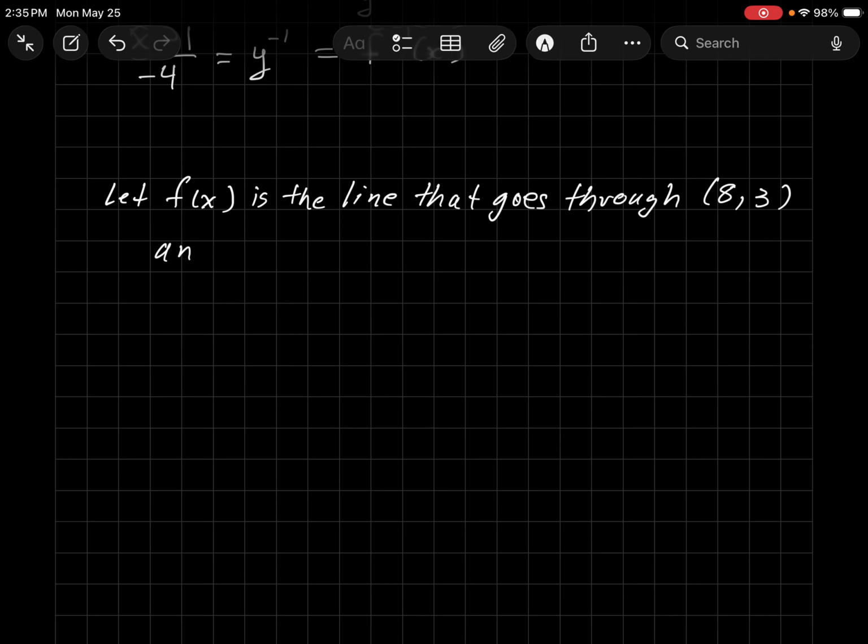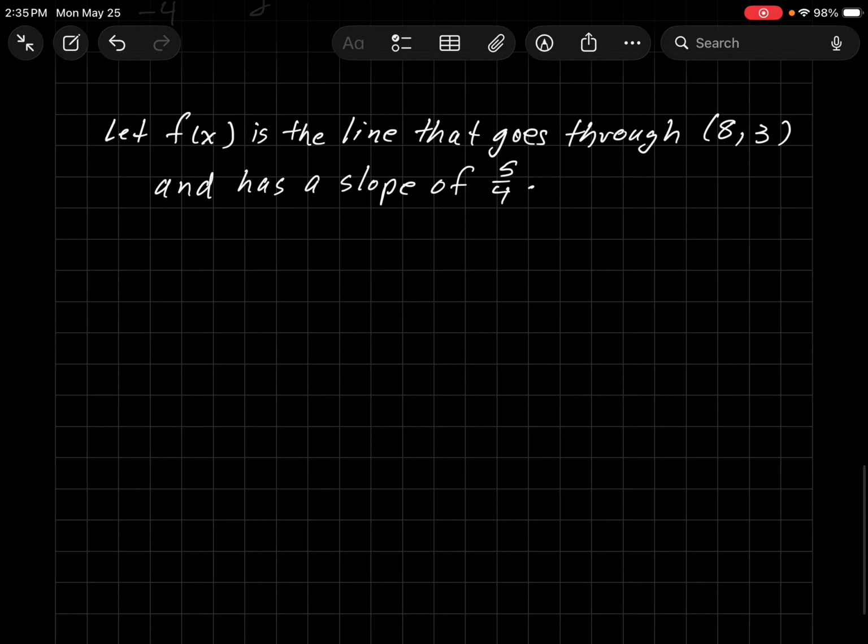And has a slope of 5/4. If you recall from the video when we were doing lines, to write the equation of any line, we really need three things: an x value, a y value, and a slope. And we have those things. And now we can write the equation. We can say y minus the y value equals the slope times x minus the x value.